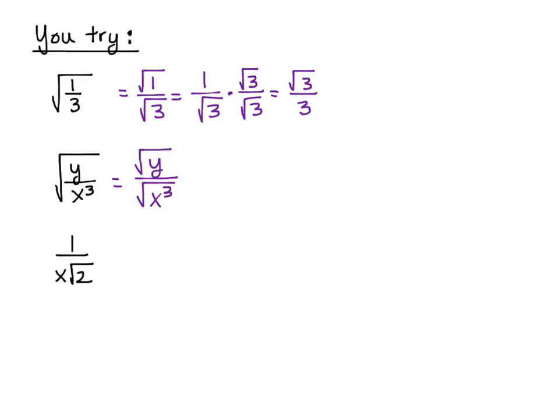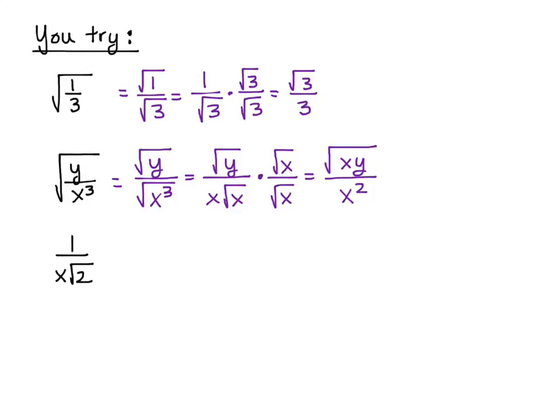So we want to take care of that issue first before we rationalize. So we have a square root of x cubed, which turns out to be x times square root of x, and now we rationalize by multiplying it by square root of x over square root of x, and so we get the square root of xy over x squared.